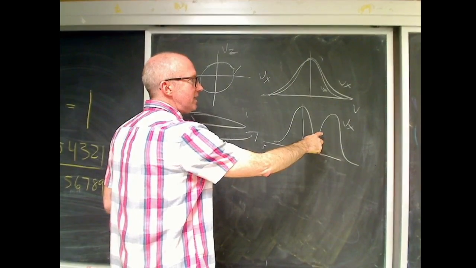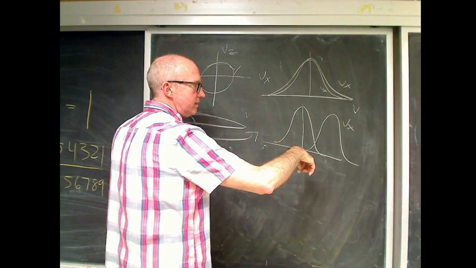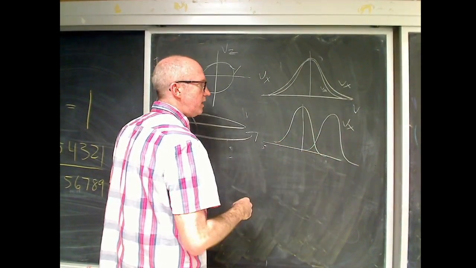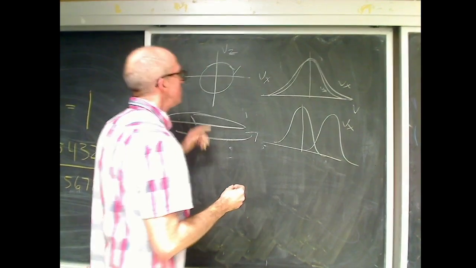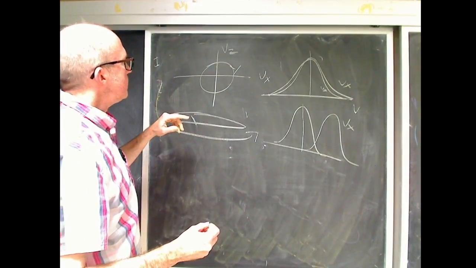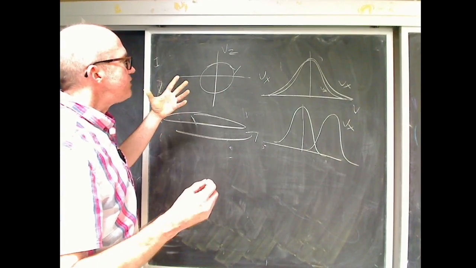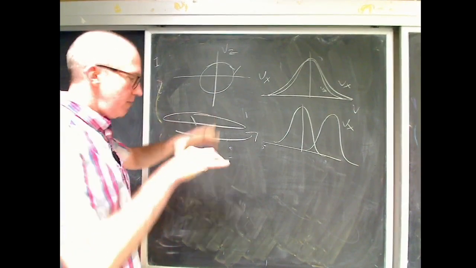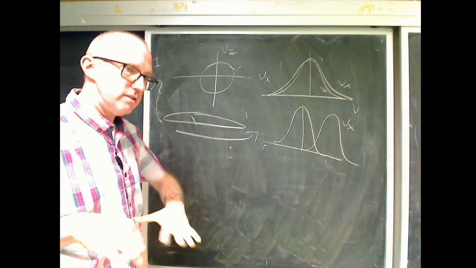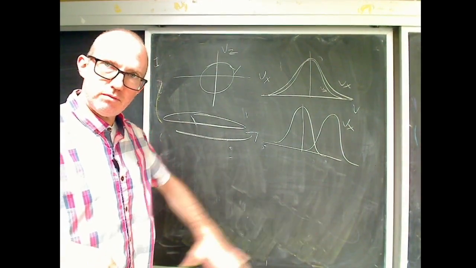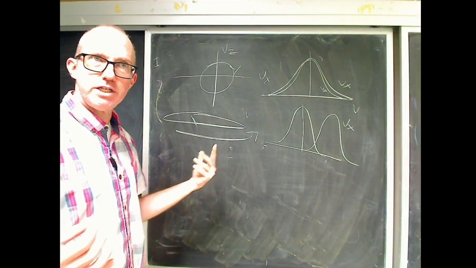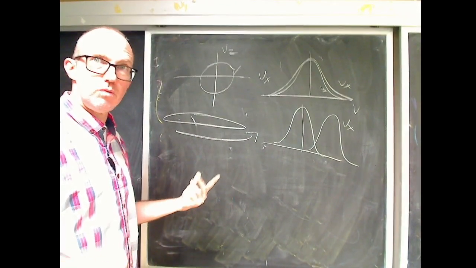If it's rotating a little, it'll be shifted by a little bit. If it's rotating a lot, it'll be shifted by a substantial amount. So if I have some bulk rotation, then my velocity distribution will be centered around that rotational velocity. And if I have just random motions, then it won't.